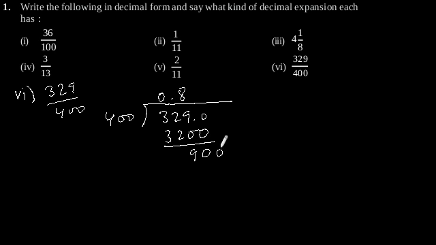We'll put 0 here again. 400 into 2 is 800, which gives 100 remainder.